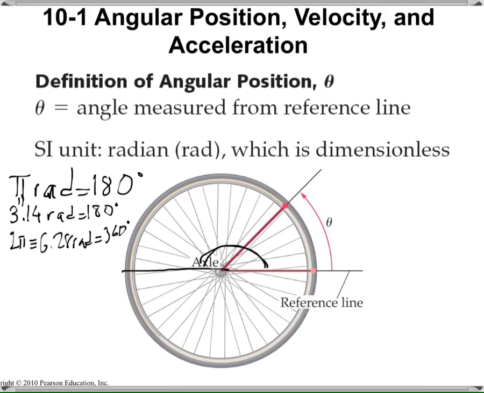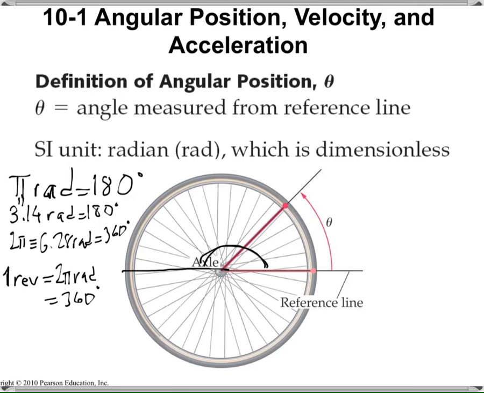Revolution is another unit for angular position. So one revolution is equal to 2 pi radians, and it is also equal to 360 degrees.